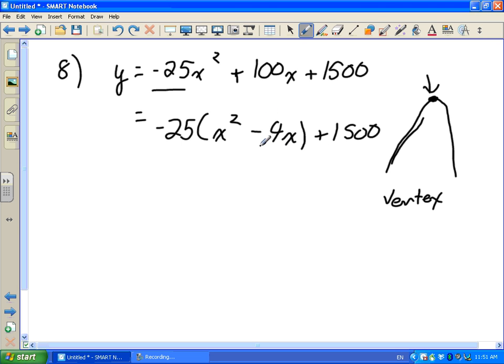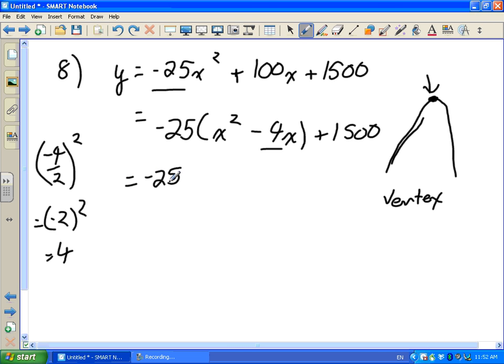Now that that's out, I take this term, and I need to divide it by 2 and square it. It's going to be negative 2 squared. What's it going to be? 4. That's simple. So my next line is negative 25, x squared minus 4x, and we use this, plus 4, subtract 4, 1,500 on the outside.